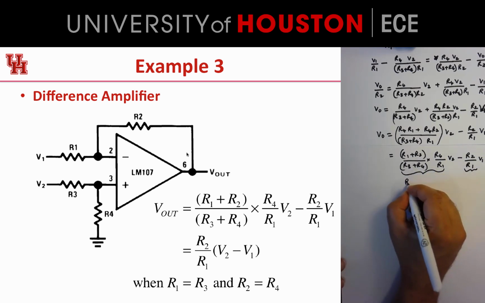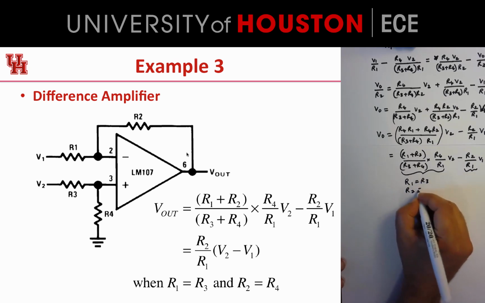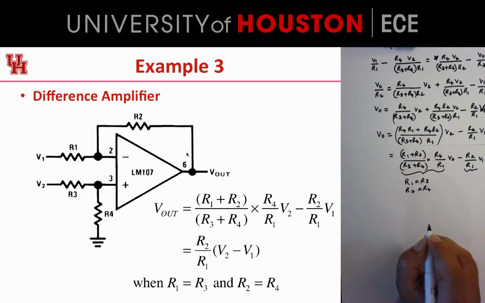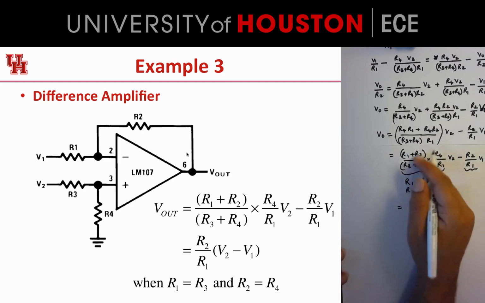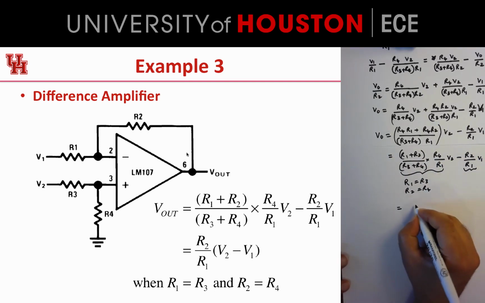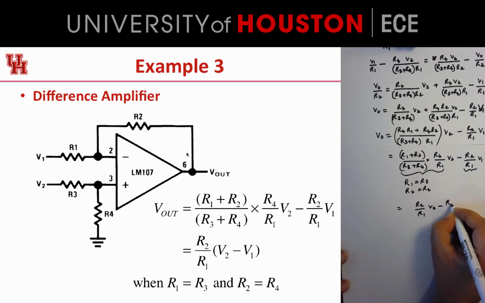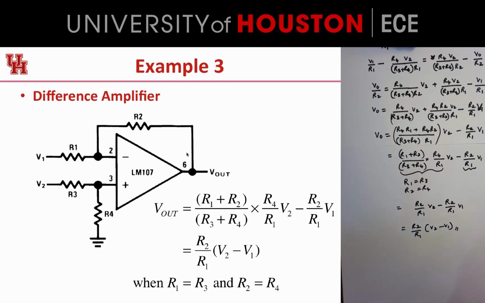So if R1 equals R3 and R2 equals R4, this whole ratio is 1, and R4, if I replace it with R2, I get R2 over R1 V2 minus R2 over R1 V1, which is R2 over R1 times V2 minus V1. So this is a nice, beautiful difference amplifier.